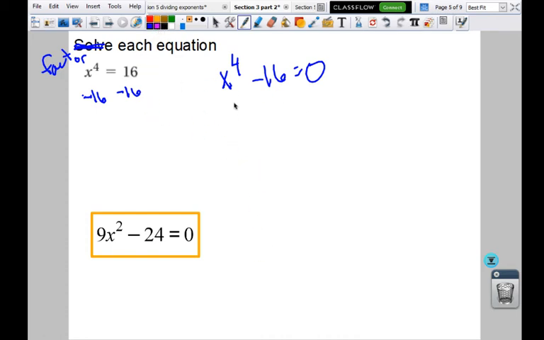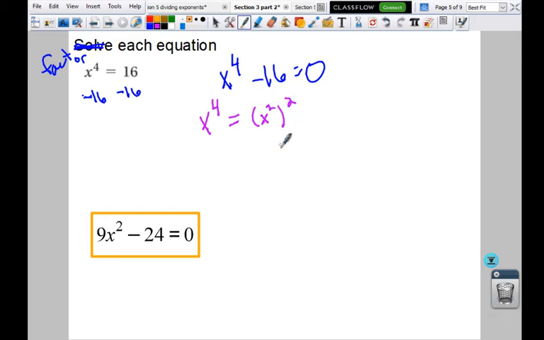So A is going to be from my x to the 4. And I want to rewrite x to the 4 to be something in parentheses squared. Because what is x squared to the power 2?